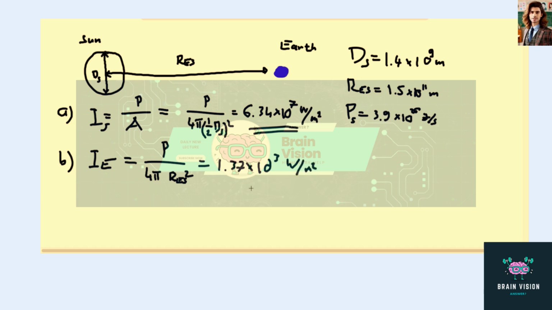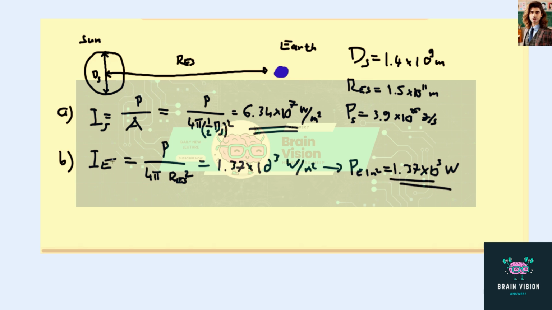And so the power incident on 1 square meter of Earth is just 1 square meter times this quantity. So power on Earth for 1 square meter is equal to just 1.37 times 10 to the 3 watts. So that's the answer to part A and B.